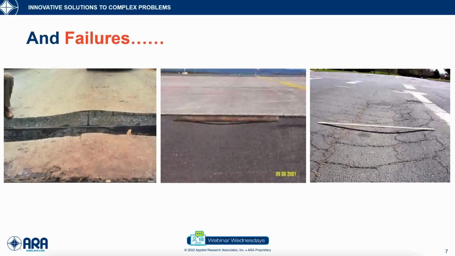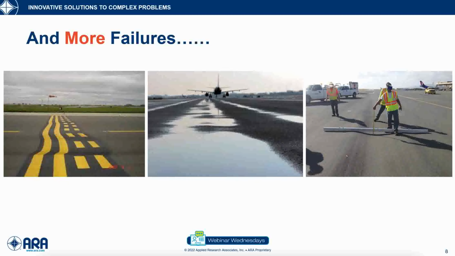Again, you see more failures here, and thus you could tell that the scope of this study is rutting in airfield pavements, particularly airfield pavements that witness very heavy traffic volume, heavy airplanes as well. So we're talking about large airports, hub airports, and we want to see what causes this rutting.